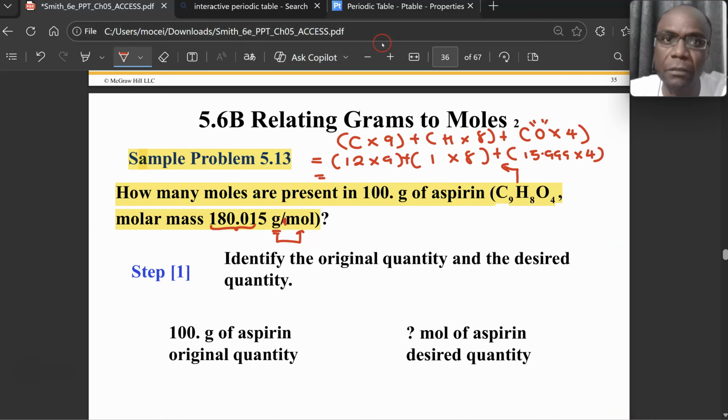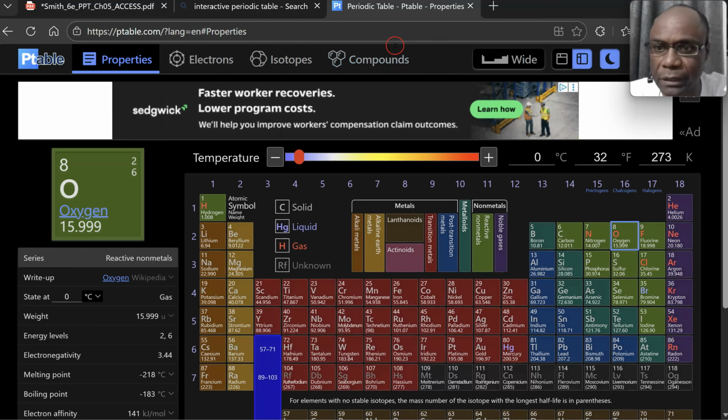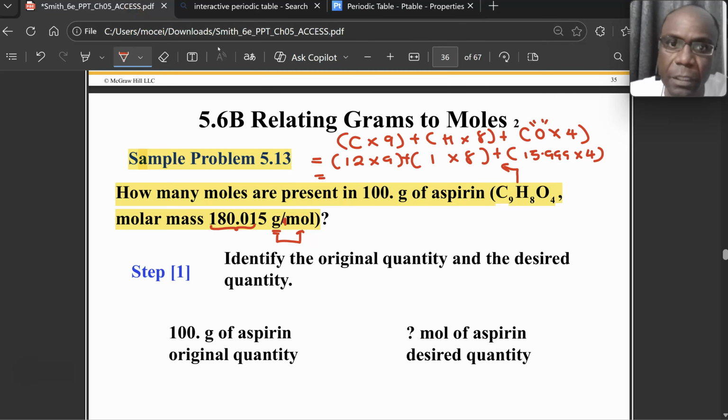All these numbers, I got them from the bigger numbers in these boxes, like oxygen is 15.99, carbon is 12, approximately 12.011. Hydrogen is right here, 1.008, so I just used 1. If you add those up, this I believe is 108. This gives you 8. And the other one will be, let me do 15.99 times 4.